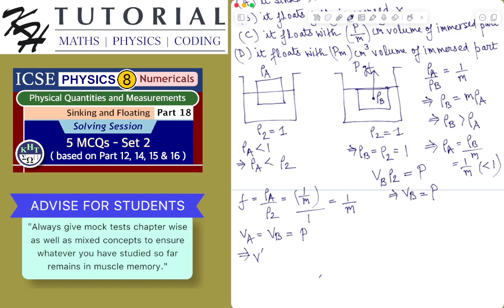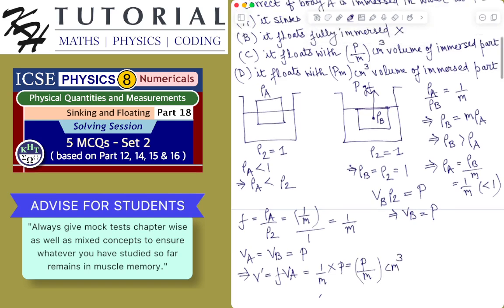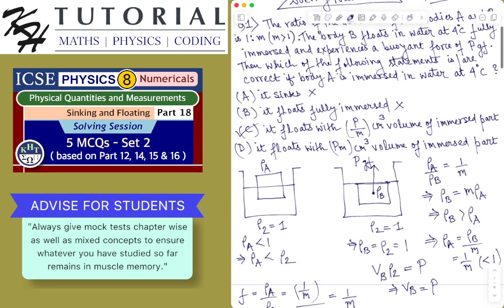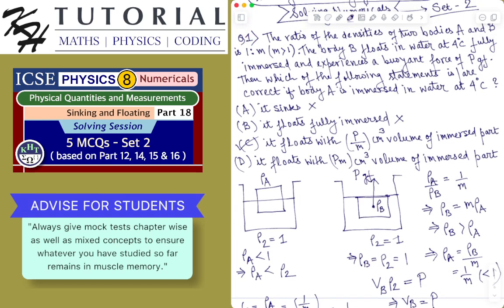So for the body A, V dash will be its fractional part multiplied by VA. F is 1 by M and VA is P. So this is P by M, this much centimeter cube. So the correct choice is choice C, but the question should have mentioned that both the bodies A and B are having the same volume.